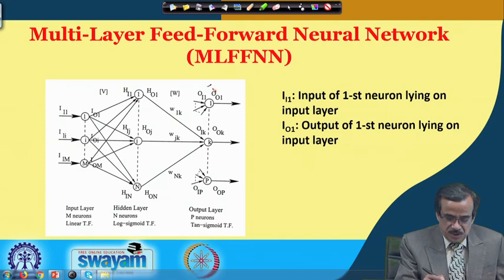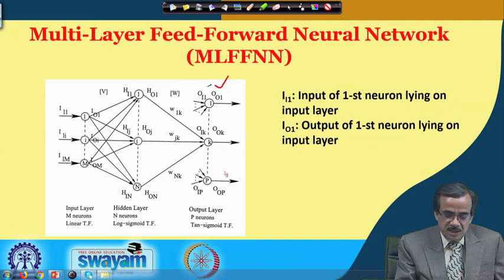And this is nothing but the output layer, and on the output layer say we have got p number of neurons. Now, these outputs could be independent, and they could be dependent on each other also.